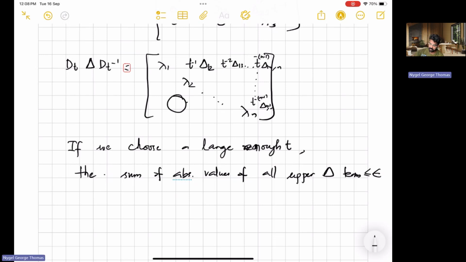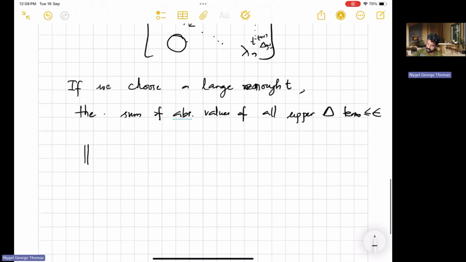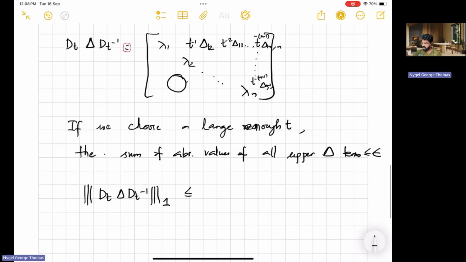So why are we using this? In that case, what we can say is, if we take the maximum column sum norm of D_t Delta D_t inverse, then let's look at the first column, you will get lambda 1. Second column, you will get lambda 2 plus t inverse delta 1 2, and so on. But the modulus of lambda being at most the largest spectral value, we get rho of A plus epsilon.